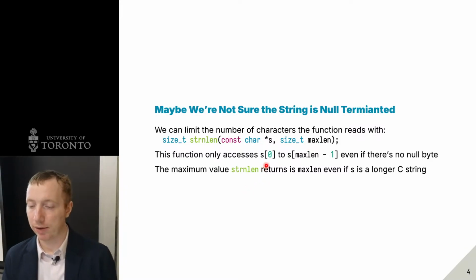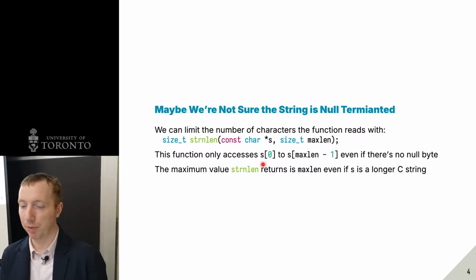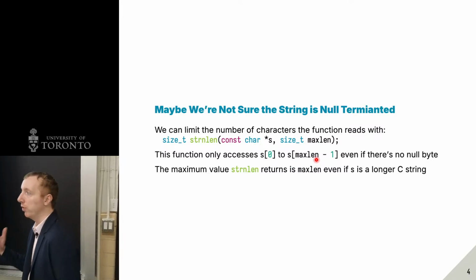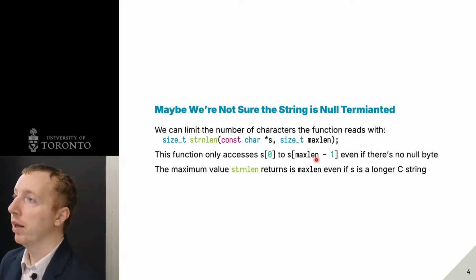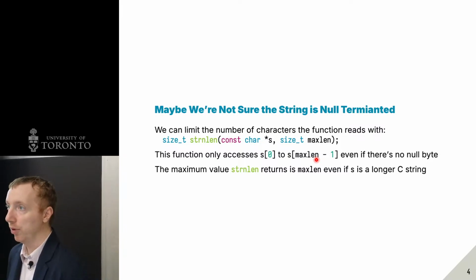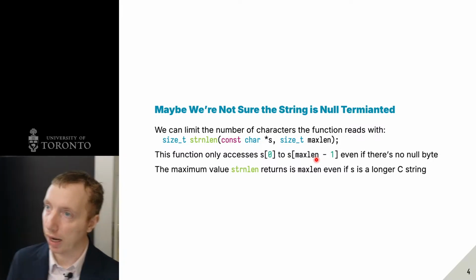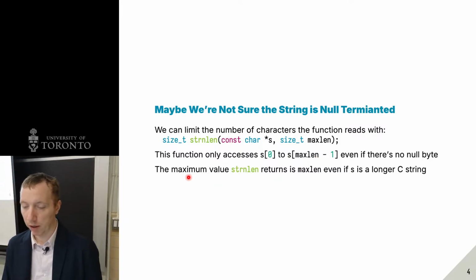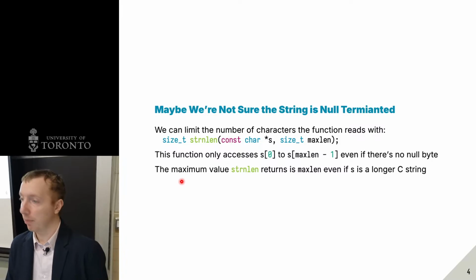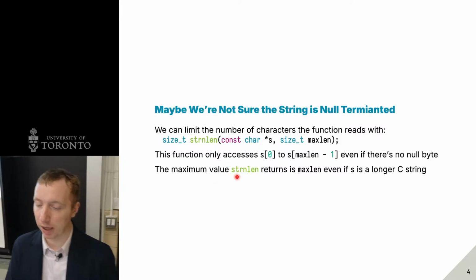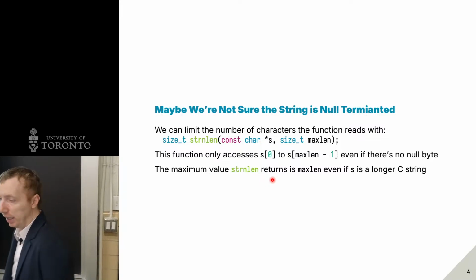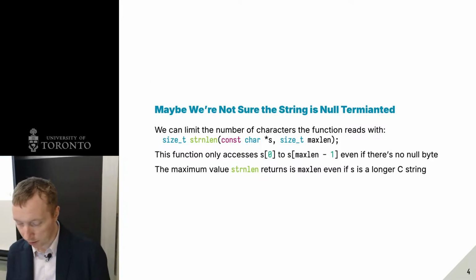It will only access the bytes s[0] all the way up to maxlen - 1, even if there's no null byte, even if we forgot to add one. This way we won't have any memory issues, and we know how much memory we are actually pointing to. So the maximum value returned by strnlen is maxlen, even if the string itself is longer.